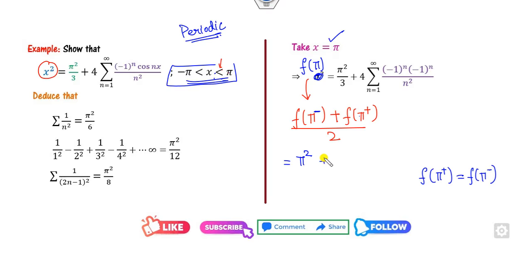So this value will be f of pi negative. Now you know f of pi negative is pi square. So this value will be pi square plus pi square over 2, that is pi square. So this value of f of pi will be pi square. Always remember, because I have to take x as pi.